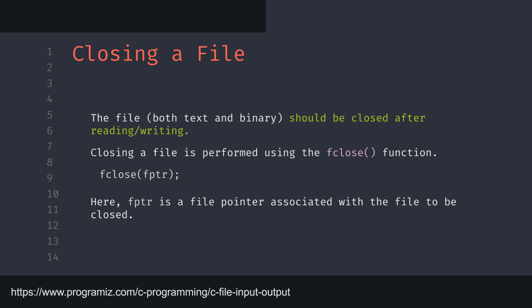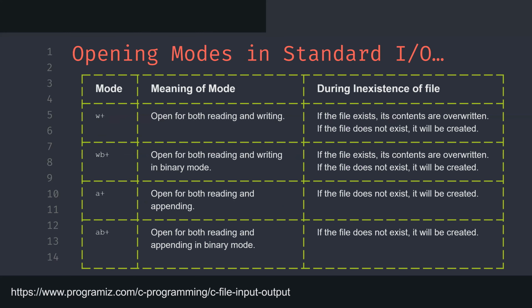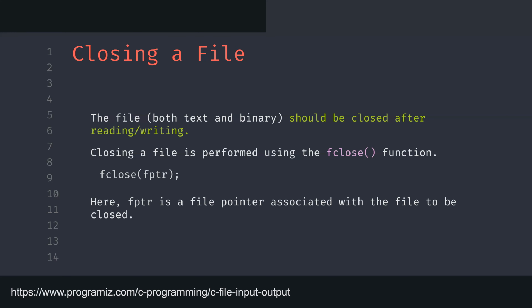So you can use this close function to close a particular open file, and there you need to pass the pointer. You need to pass this PTR pointer to the close function.